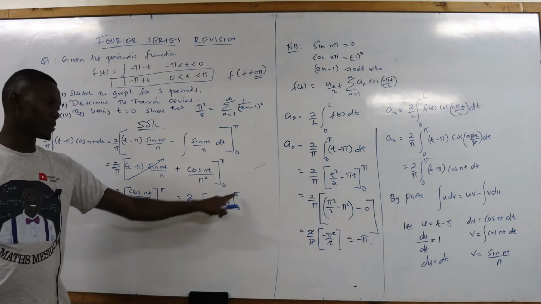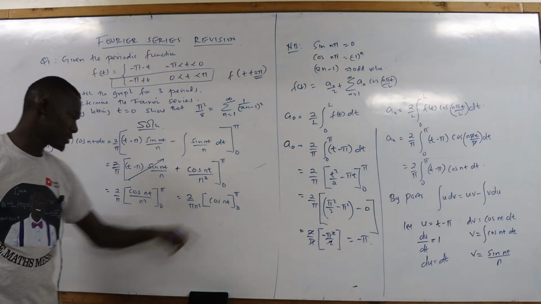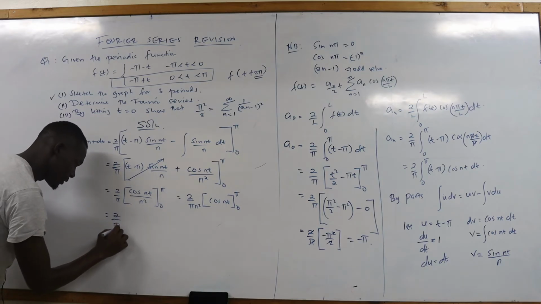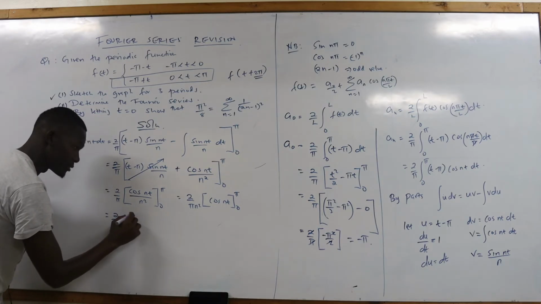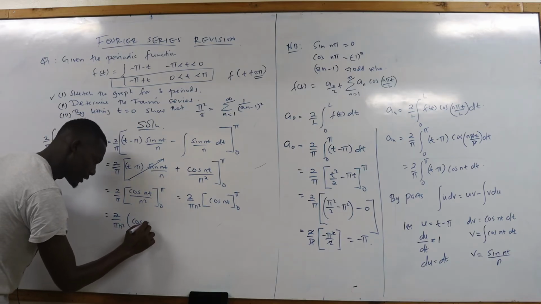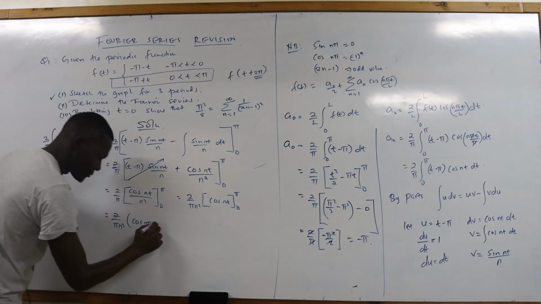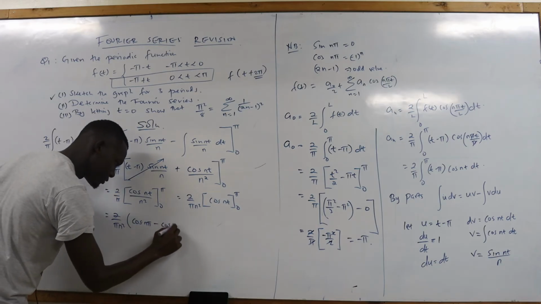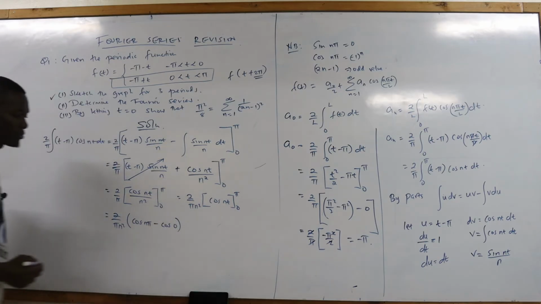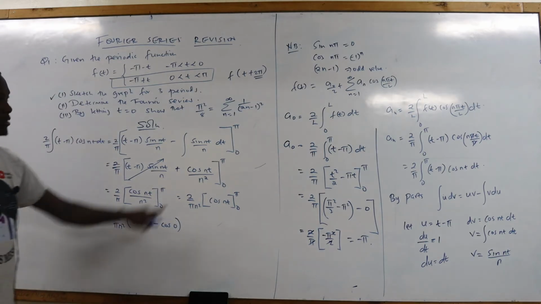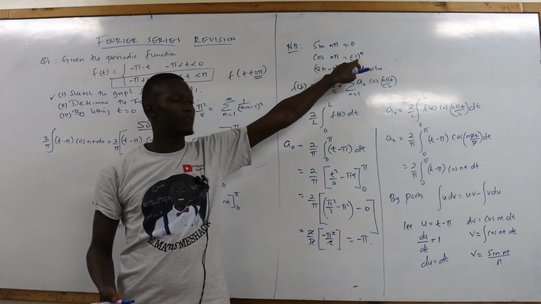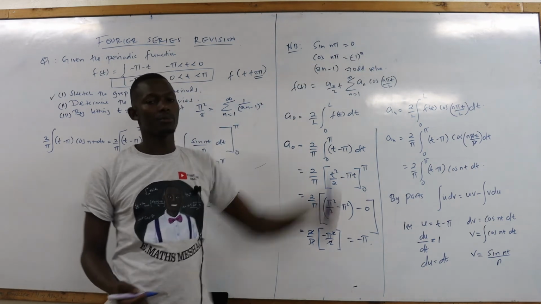Then input your limits. Your upper limit is pi, your lower limit is 0, so you shall have 2 over pi n squared times the bracket cosine of n pi, then minus cosine of 0, because 0 times n just gives you 0. Now remember this, that cos of n pi is given as (-1) raised to power n.